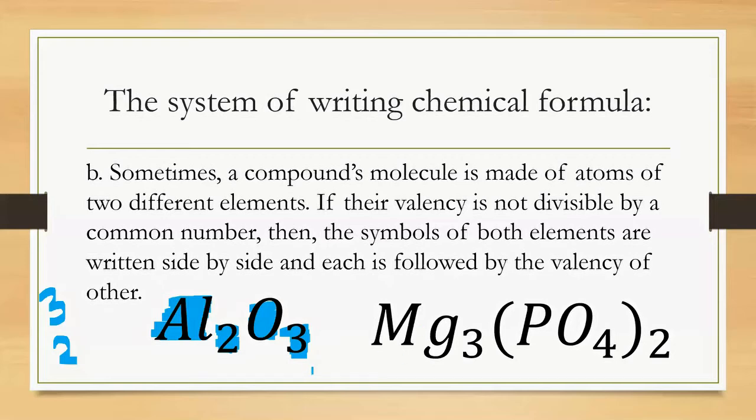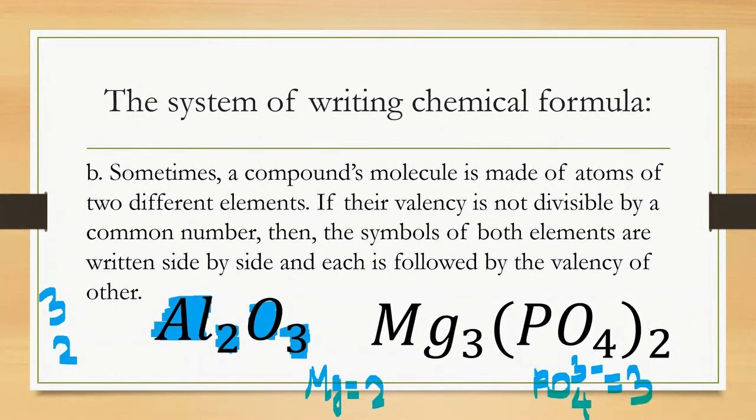Similarly, the valency of magnesium is 2 and the valency of phosphate, PO4 3 minus, is 3.